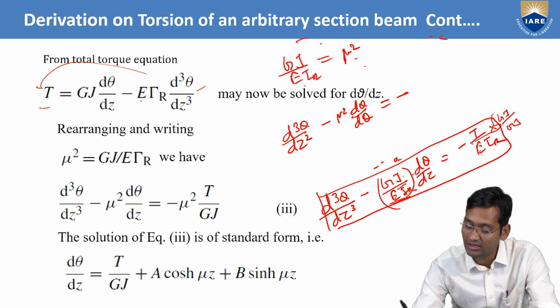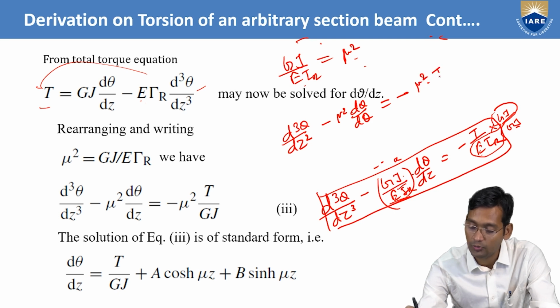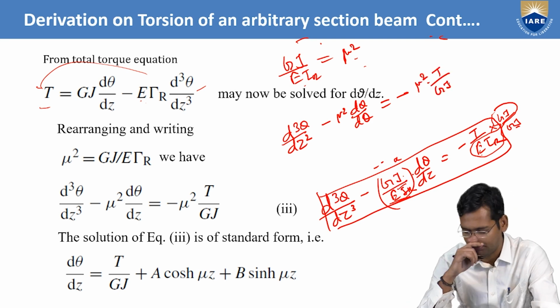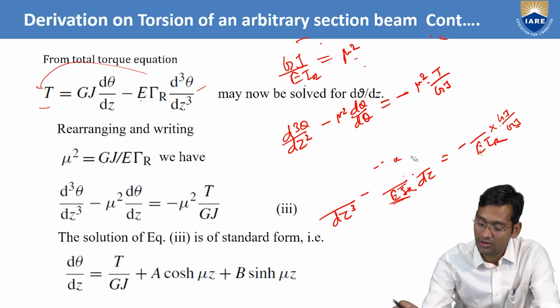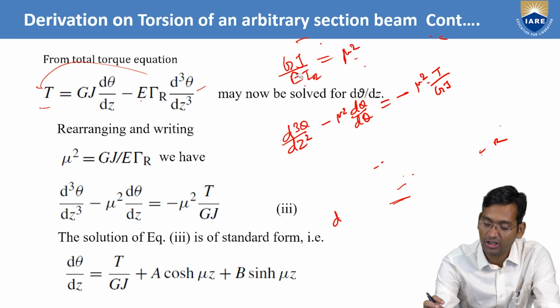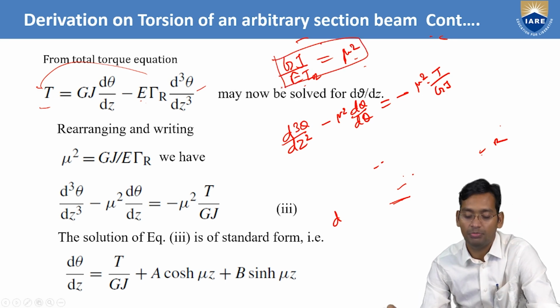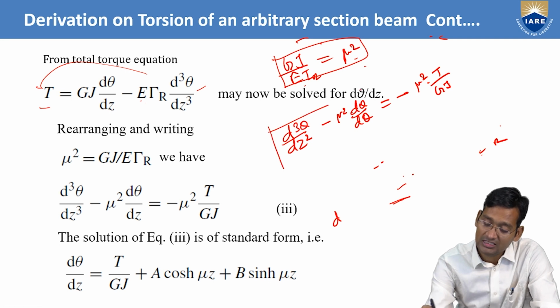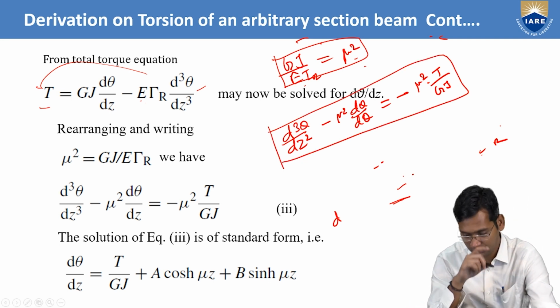This GJ by E tau r will give mu square, and this GJ is left. So minus mu square into T by GJ. Now this is our final differential equation after taking mu square as GJ by E tau r so that it becomes simpler. Now this differential equation we have to solve.